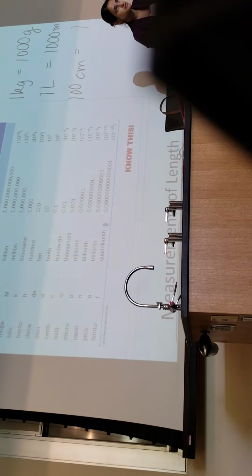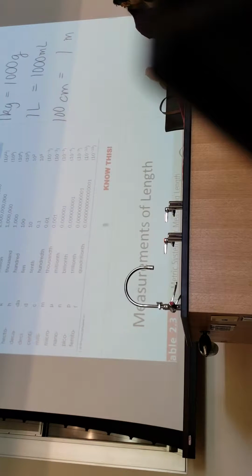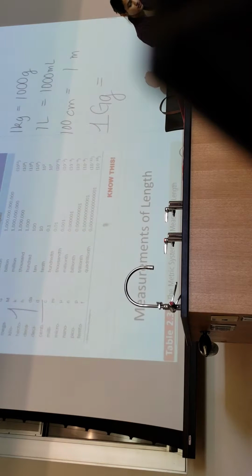So the way you can read this table, there's two different ways. The easiest way is always in front of the prefix, you put a 1. So it doesn't matter what I'm talking about, wherever you see a prefix, you're going to put a 1. So I can say 1 gigagram, right? And then, looking at the base unit, because I'm talking about grams, I'm going to look at giga and notice it's 10 to the 9th.